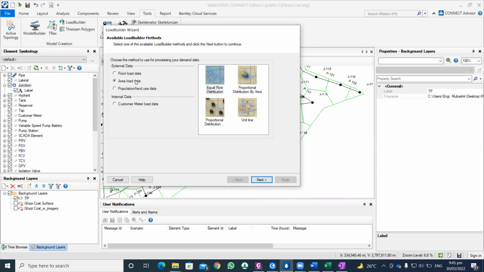So here I will be showing you the proportional distribution by area in order to assign demand. So you can observe by the figure as well by using a Thiessen polygon.